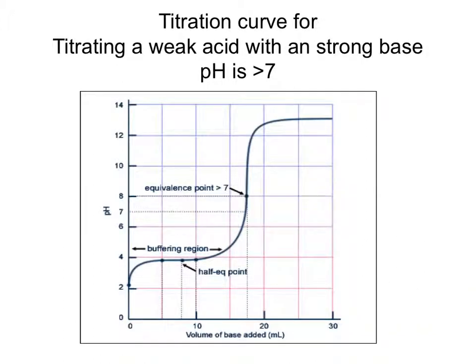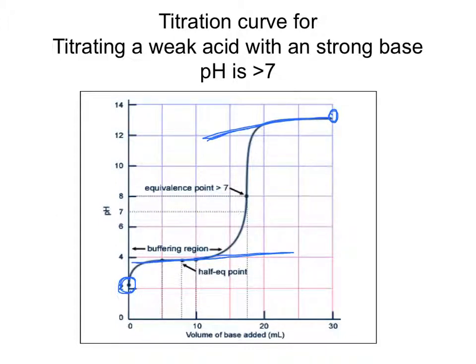This last curve is showing us a titration of a weak acid. Now I know this is weak acid because it's down here at a pH of 2, and it's being titrated by a strong base. And I know that because I'm up here at about a pH of 13. You're going to do the same thing you did before. These are a little flatter regions, but we're still going to draw the line tangent on each of those plateaus.